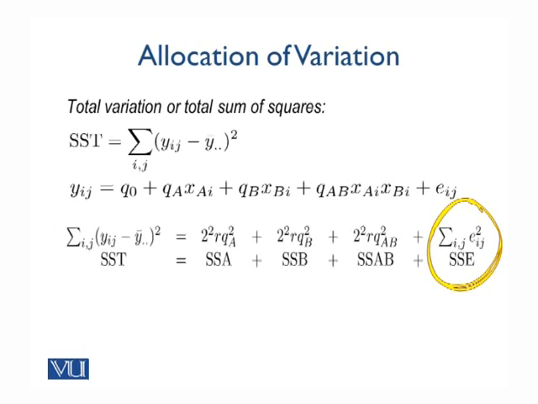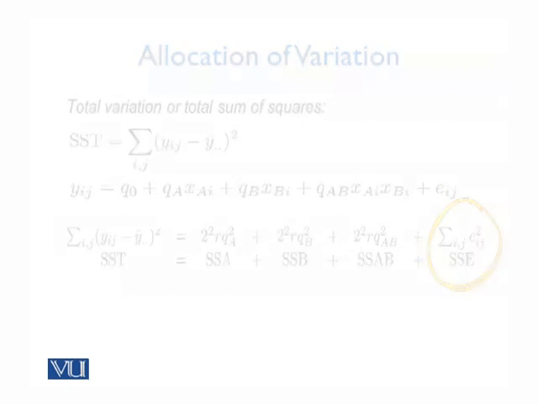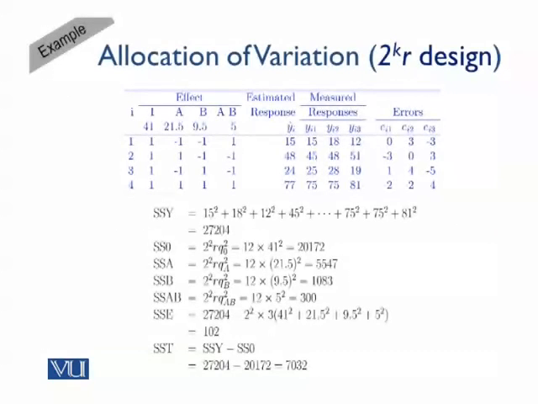So how do we explain the total effect in terms of the effect due to factors A, B, AB? This is now shown. We see that SSY is calculated as 15 squared plus 18 squared plus 12 squared plus 45 squared, and we keep on adding this till we get the whole answer, the whole SSY.